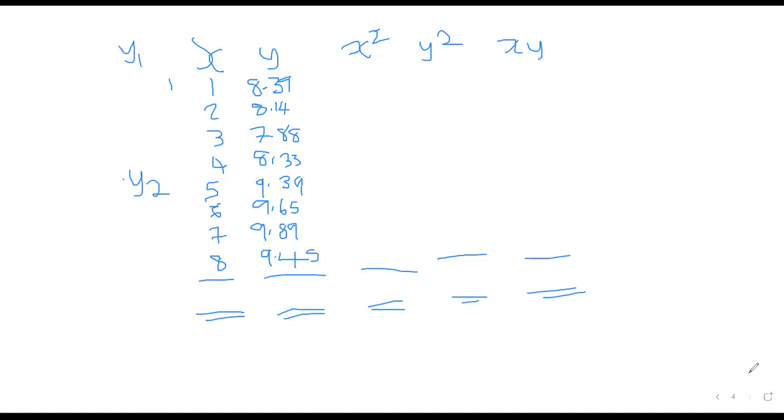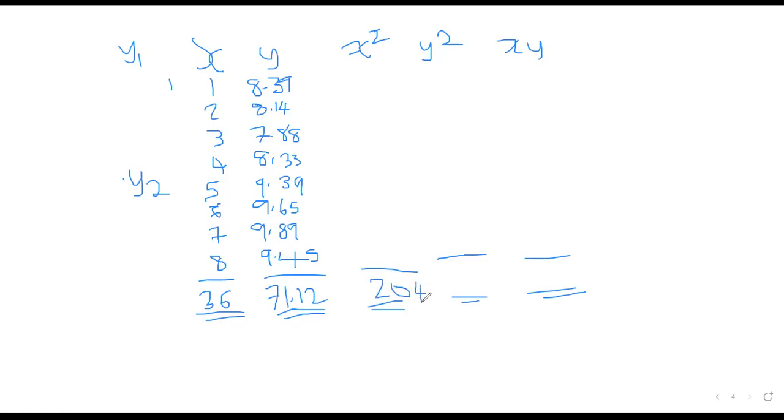So meaning the total of the x is 36. So x here is 36, and then the one for y is 71.12. The x square is 204.